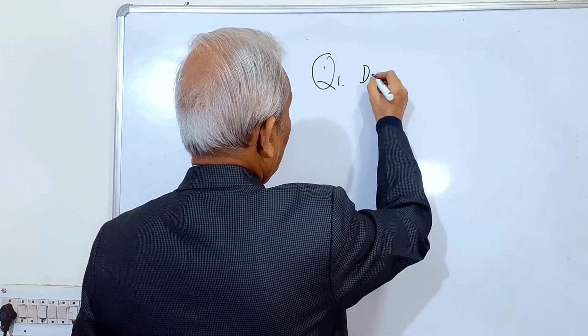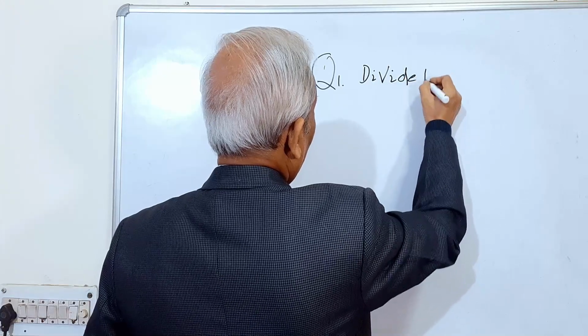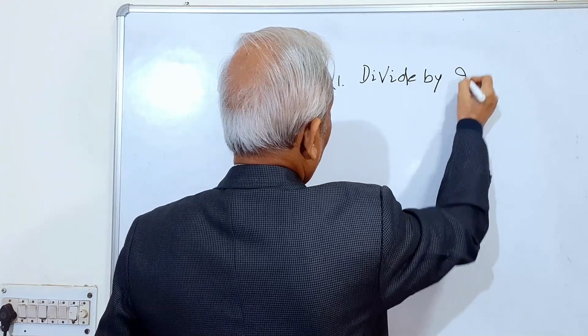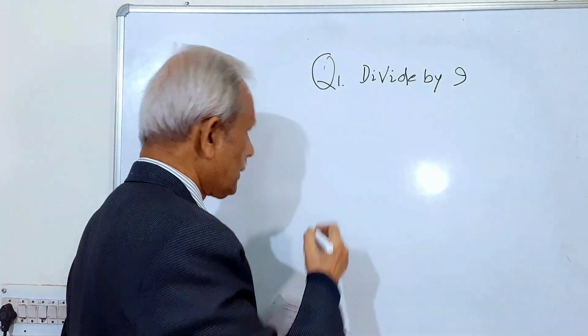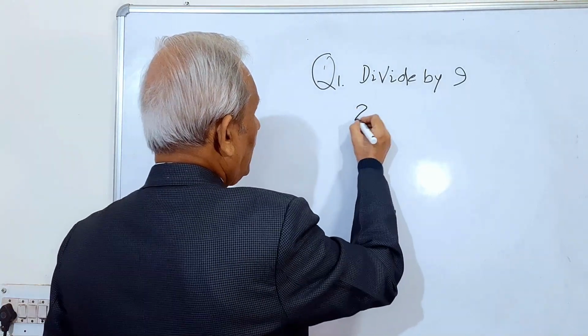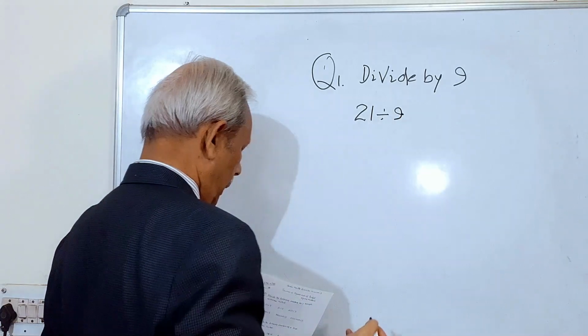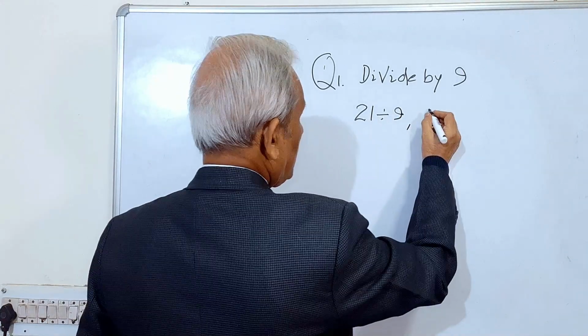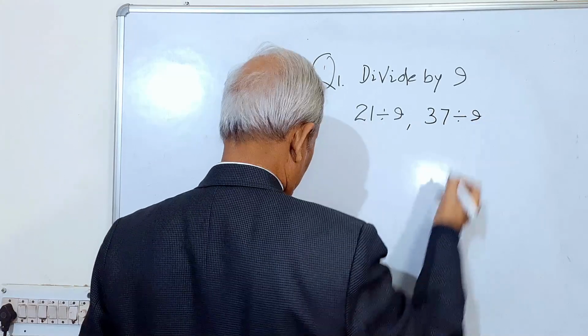Divide by number 9. The first question is 21 divided by 9. Next, 37 divided by 9.